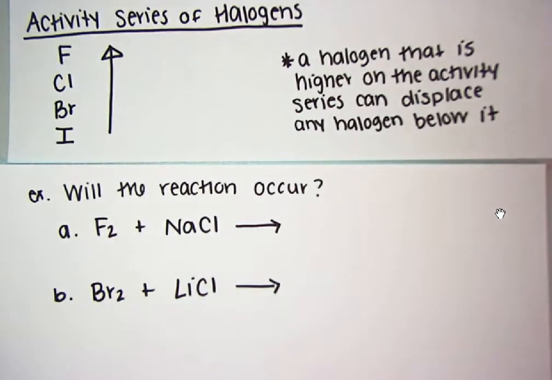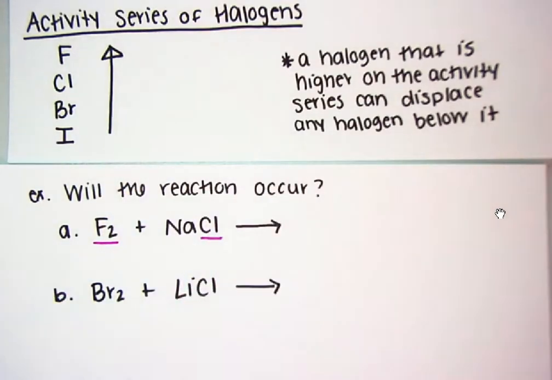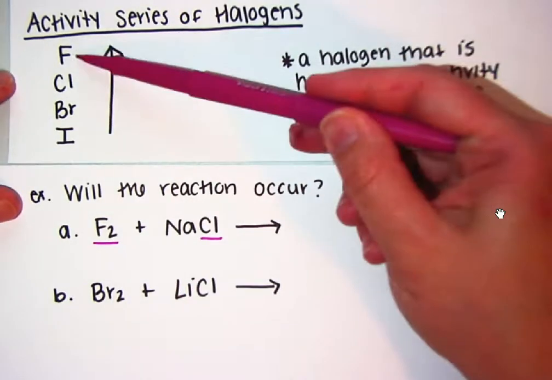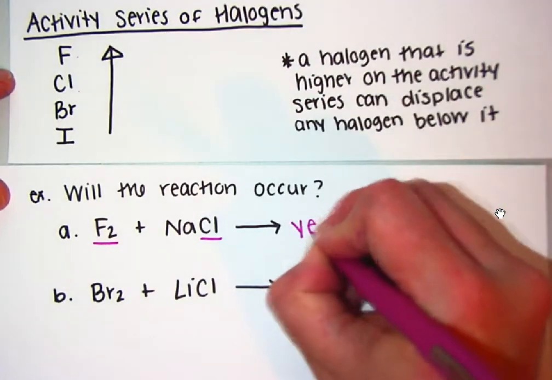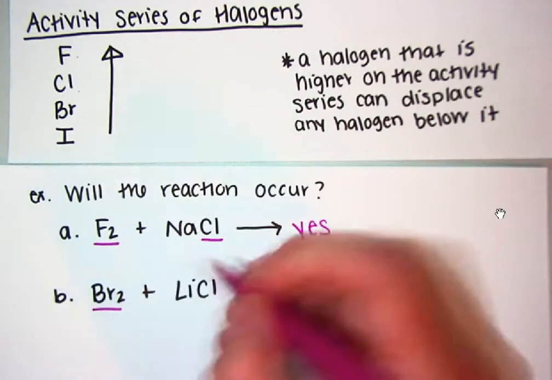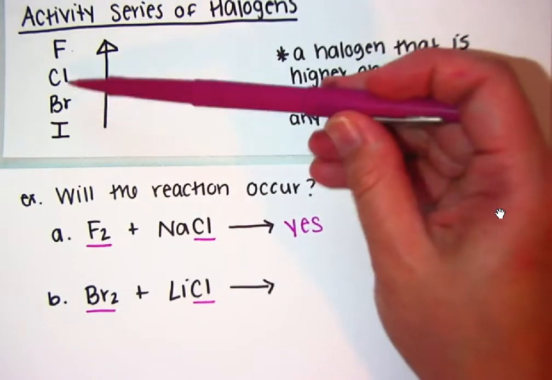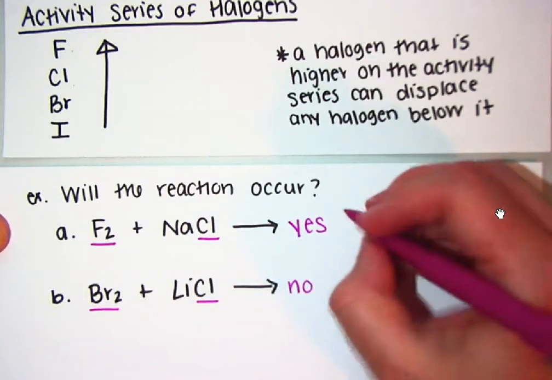So now we want to compare the halogens, the nonmetals. Fluorine to chlorine. A halogen that is higher can displace it. Fluorine is higher on the activity series than chlorine, so yes, this reaction will occur. Bromine versus chlorine. Bromine is lower than chlorine, so no, this one will not occur.